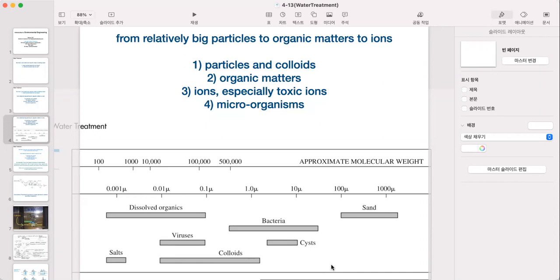How about methane? How about the molecular weight of methane? 16. So not exactly comparable. So in that, between methane and water, which one is bigger than the other? Water, right?